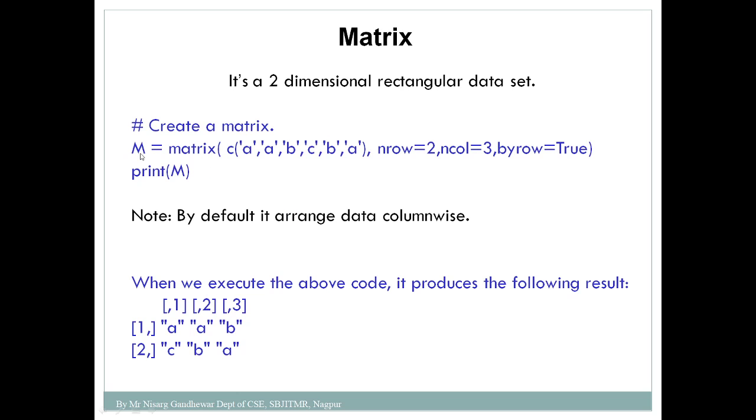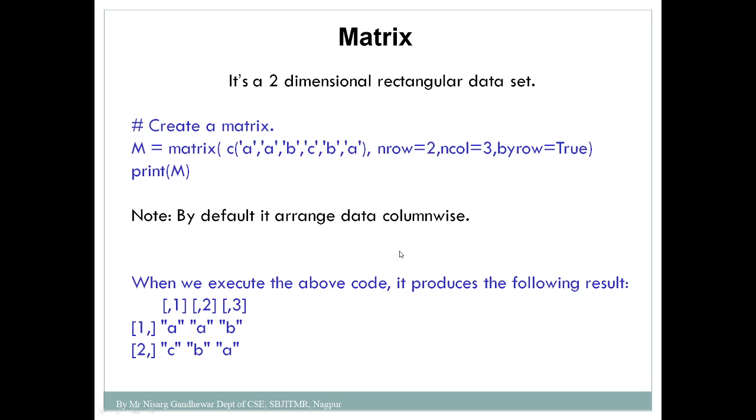Here m is a variable, equals to, matrix in brackets. This is a vector of type character: a, a, b, c, b, a, and this complete thing is considered one vector. Then nrow equals 2, that means the number of rows is 2, ncol equals 3, and byrow equals TRUE.